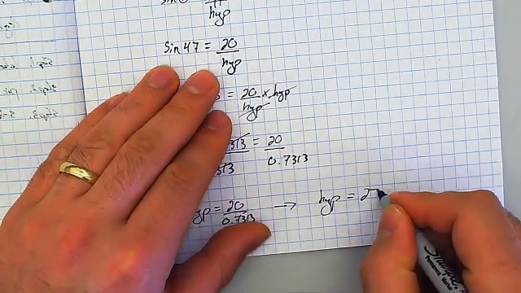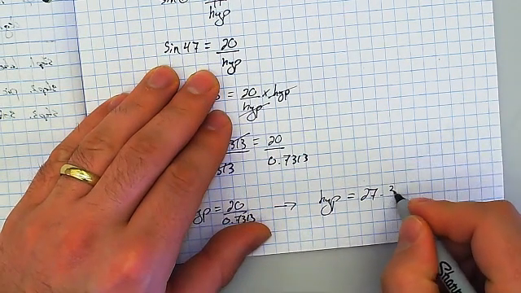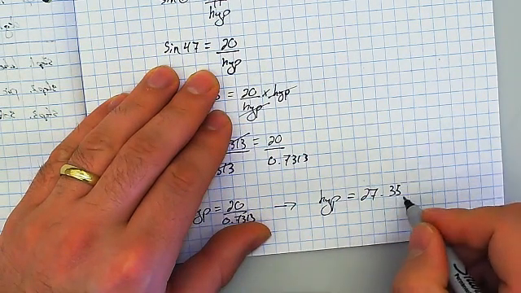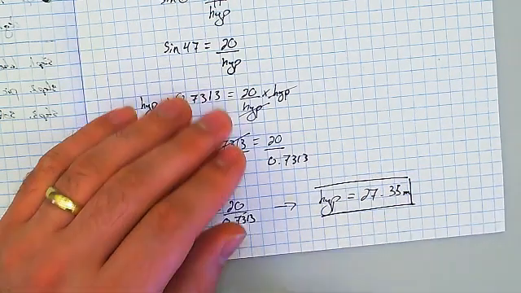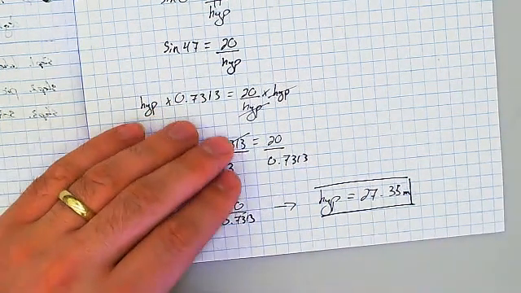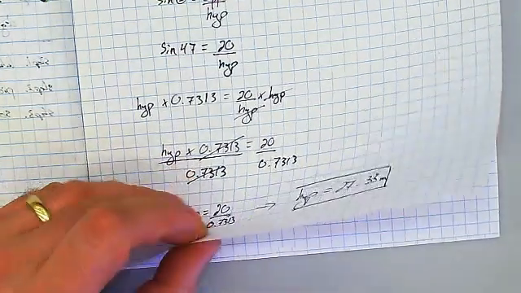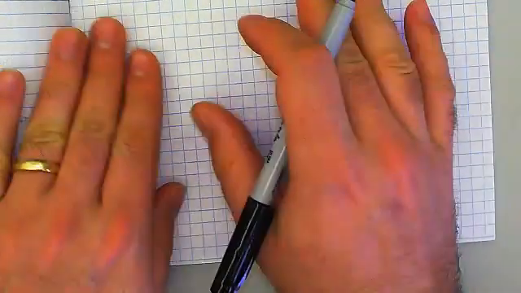I now know the hypotenuse has a length of 27.35 meters. It's not too bad.